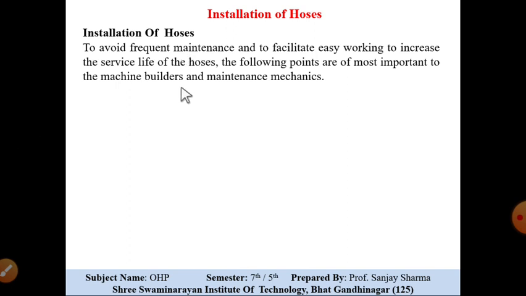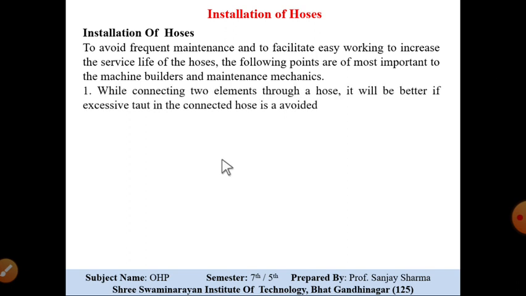If we don't do so, there will be maintenance in a particular duration of time and the operating cost will reach higher. There are some important points for machine builders and maintenance mechanics for the installation of hose pipe.